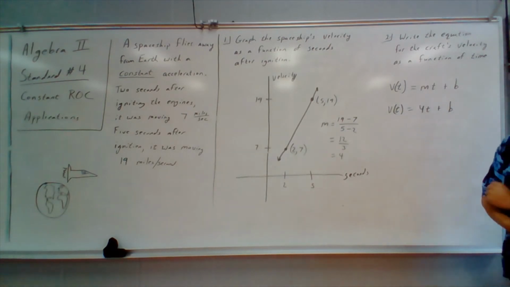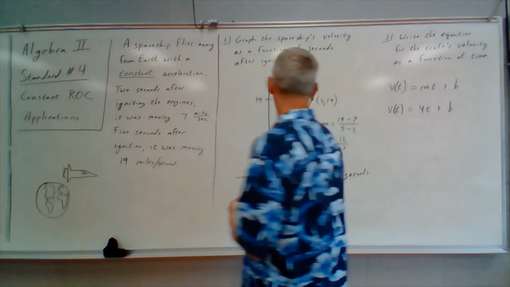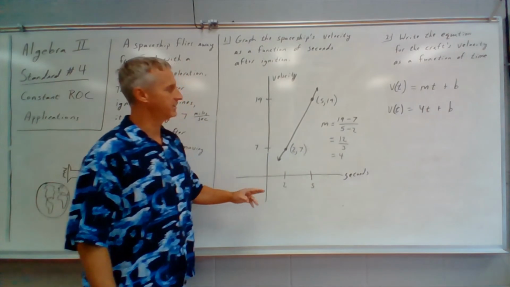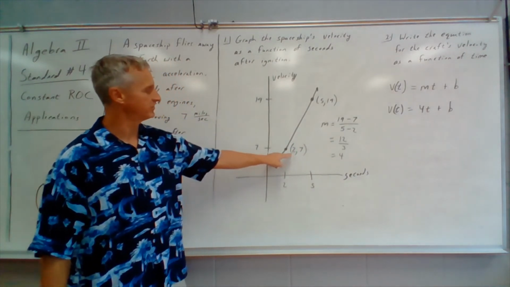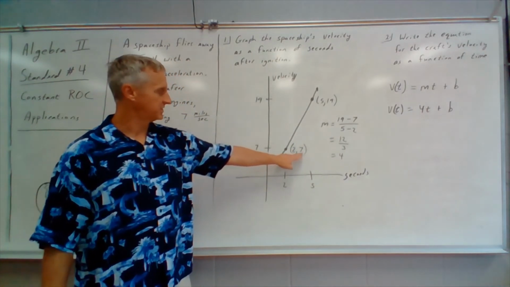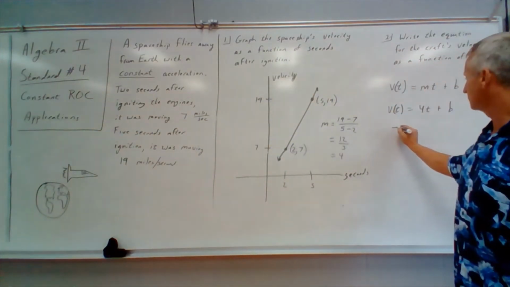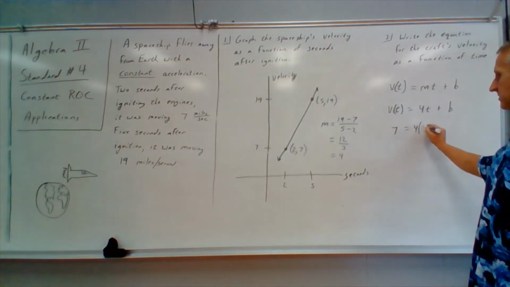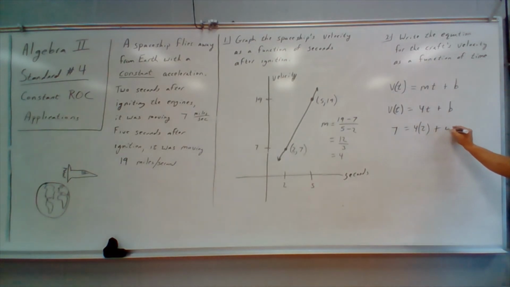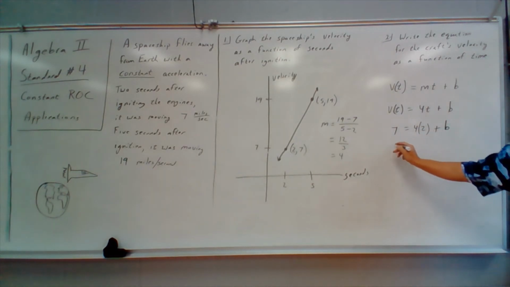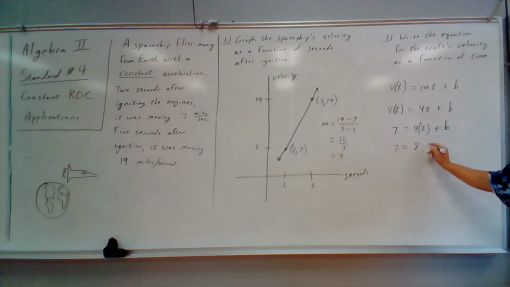All right, so now I need to find the y-intercept. I've got a couple of points I can plug in, so let's use the one with smaller numbers. I'm going to plug a 7 in for my y and a 2 in for my x. So 7 equals 4 times 2 plus b. 7 equals 8 plus b.